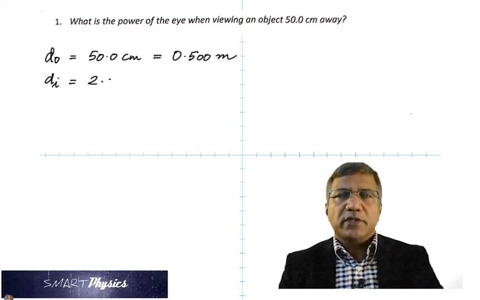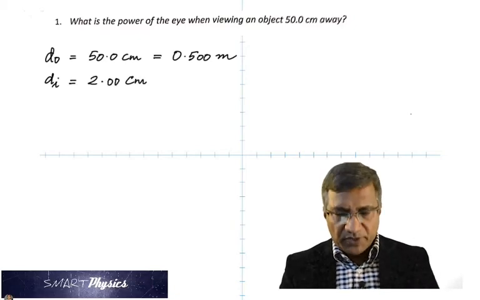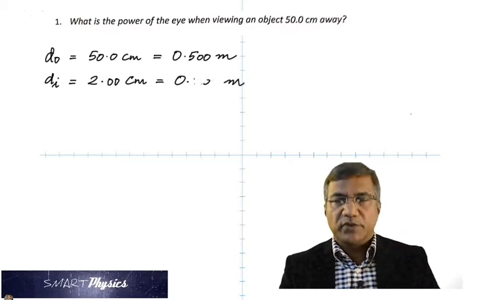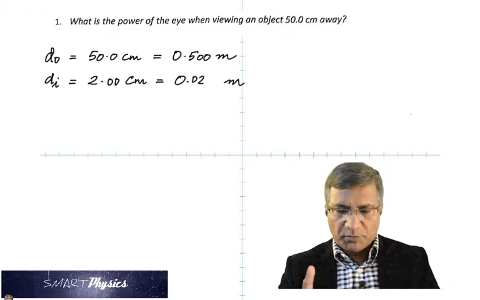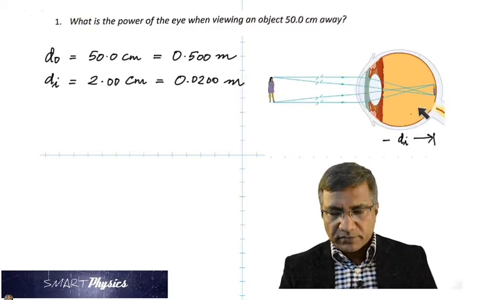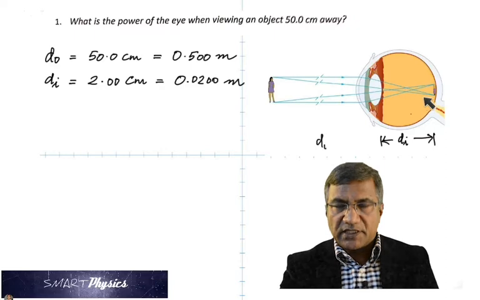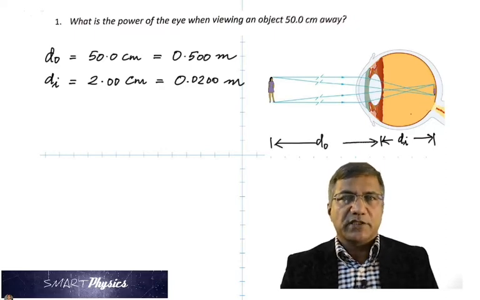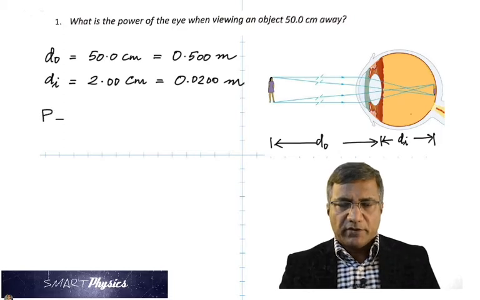So DO is 0.5 meter, DI is 2 centimeter, which is actually 0.0200 meter, which is this distance taken as 2 centimeter. And so we can find the power.